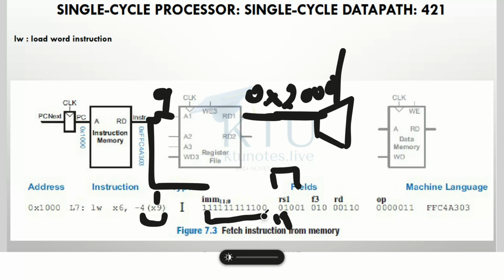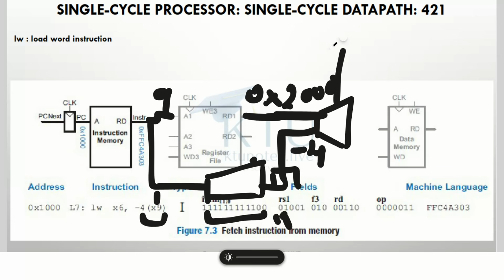I need to convert it to 32 bits, so I'm using the immediate extend. The -4 value is passed through in machine language, and you're adding both in the ALU using the ALU control.